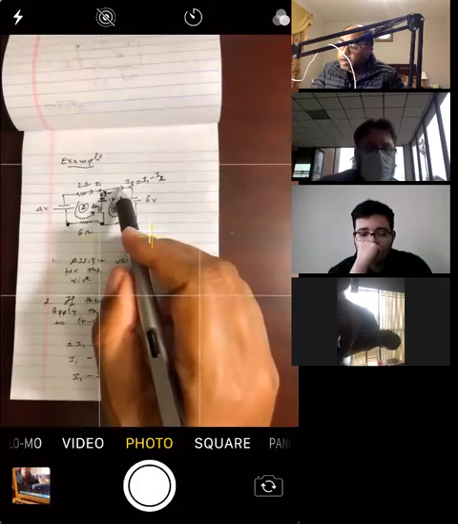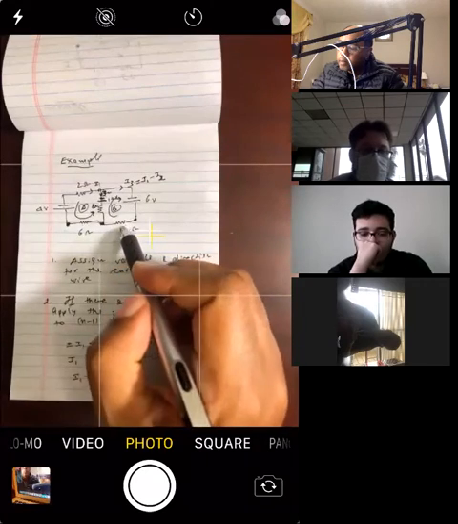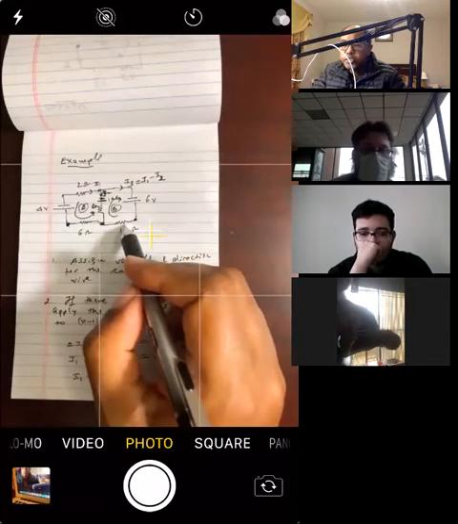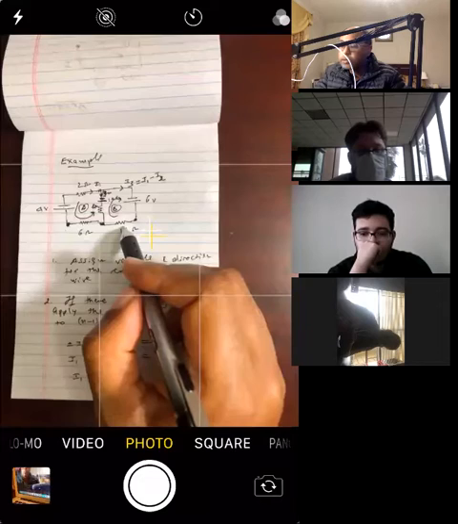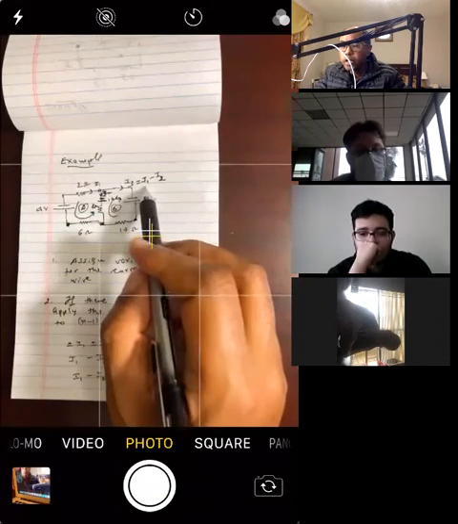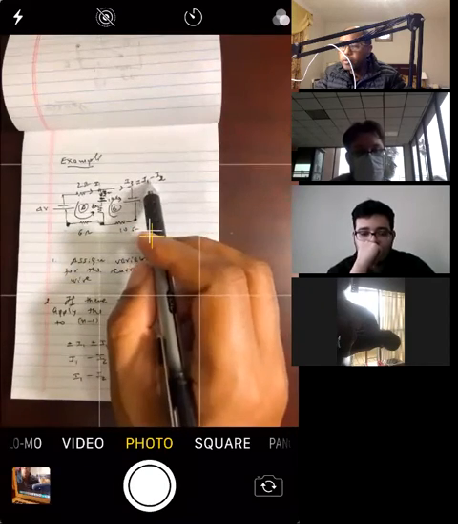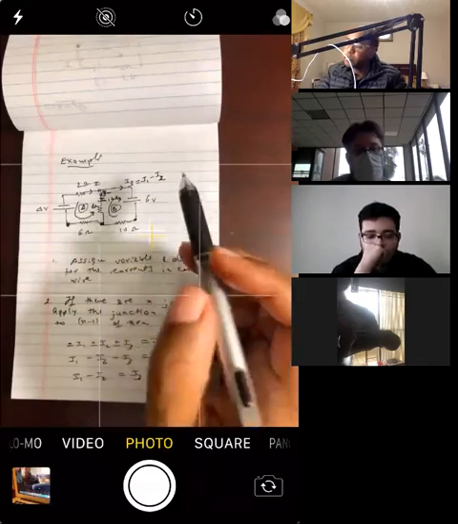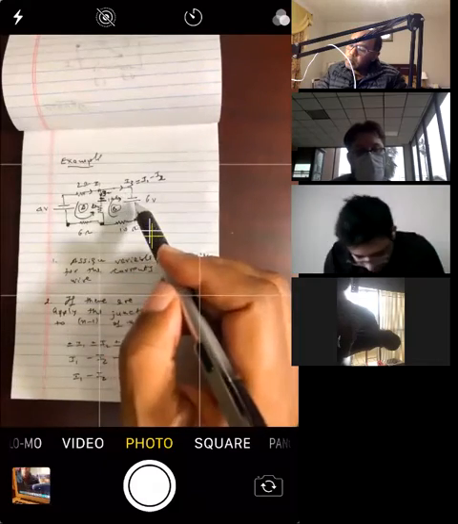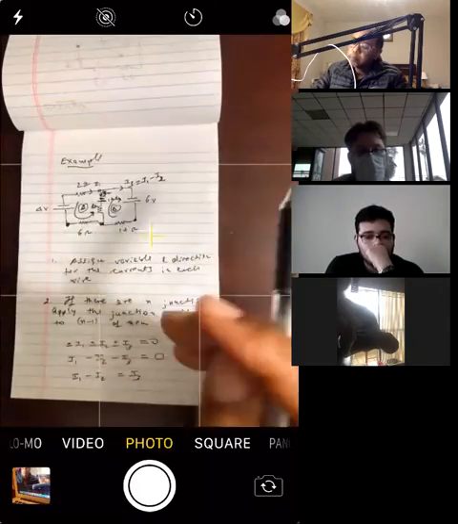Now look, the current's going this way, and that is in the same direction as the traversing direction. So this one is going to be negative. Now instead of I3, I'm going to use I1 minus I2, because we decided this is equal from the junction rule. And it's negative because I'm going in the direction of the current. So it's going to be minus 10 times the current.